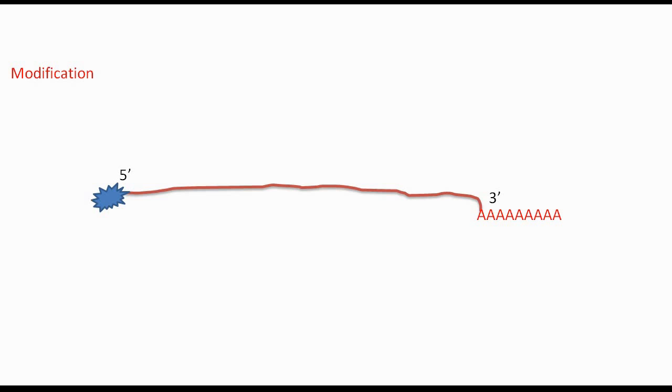See, there are two modifications, one at the 5' end, another at the 3' end, and in the 5' end, the guanosine residue is methylated, right? Whereas in the 3' end, multiple adenine residues are added, right?